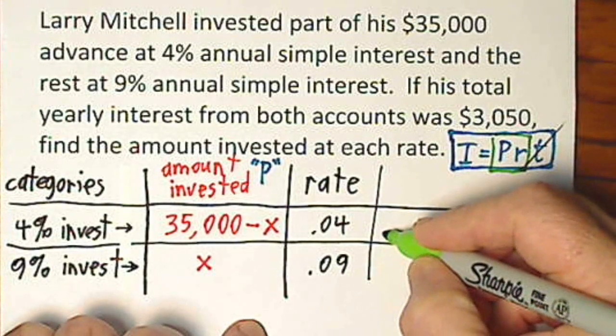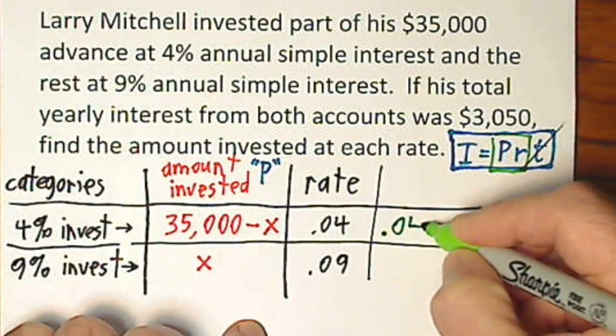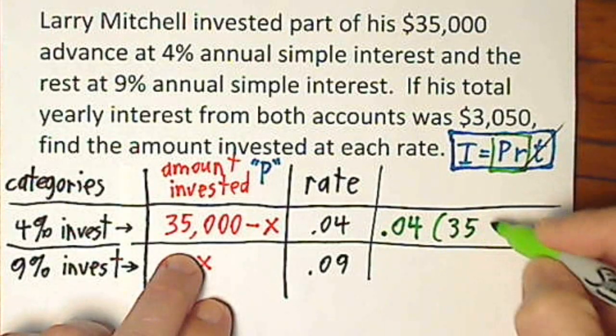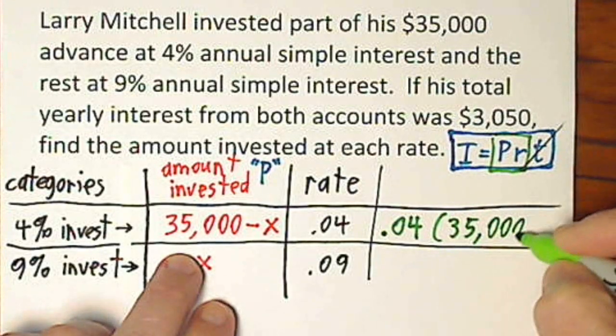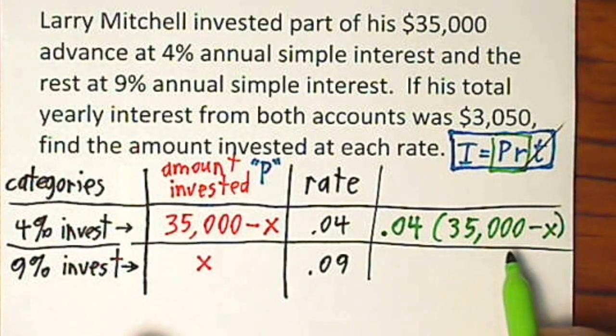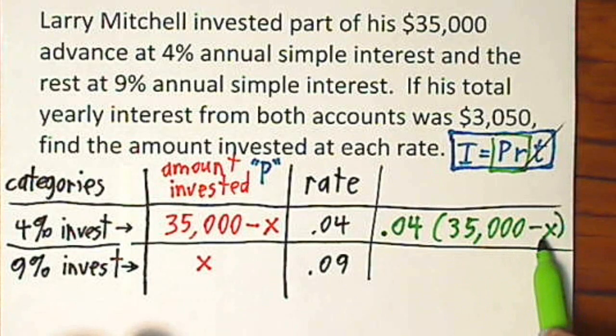So this would be 4 hundredths times 35,000 minus x. I should say the quantity 35,000 minus x.